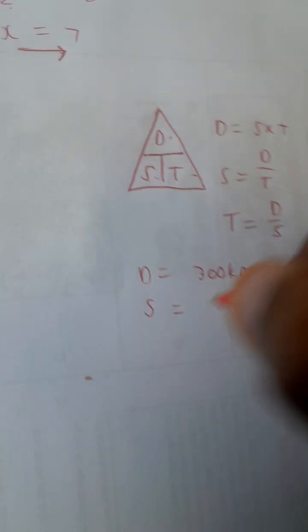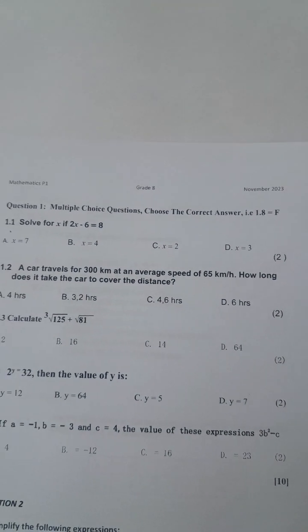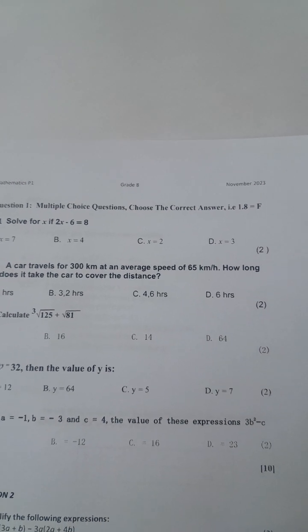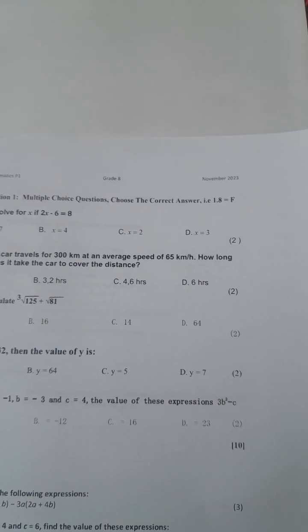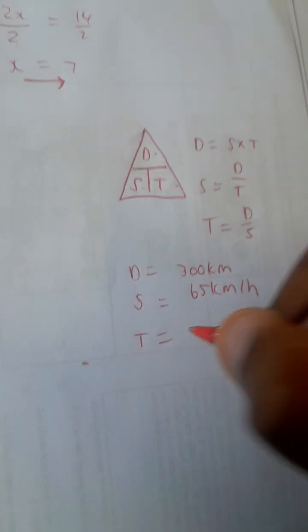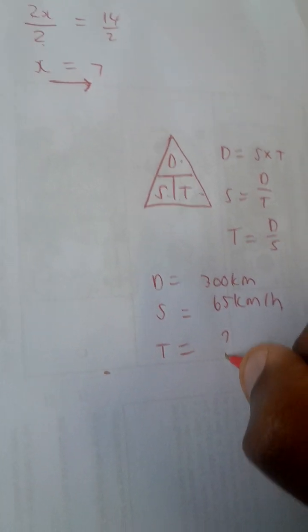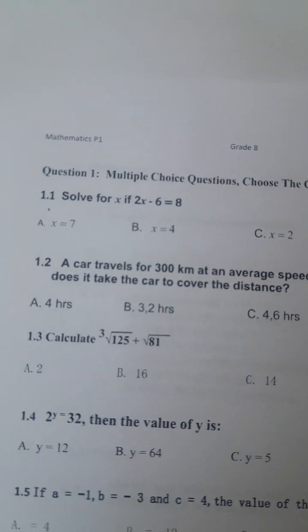Now we are told that the speed is 65 kilometers per hour. How long? Sometimes people tend to think the minute you say how long, that must mean distance. No, in this case, how long does it take the car to cover the distance? Right? How long means time. So T is equal to, we don't know. How long does it take?